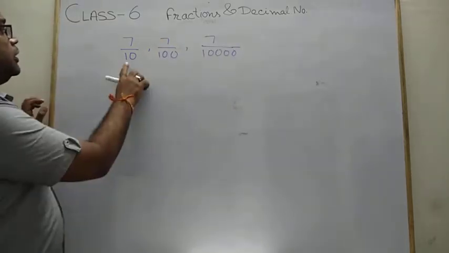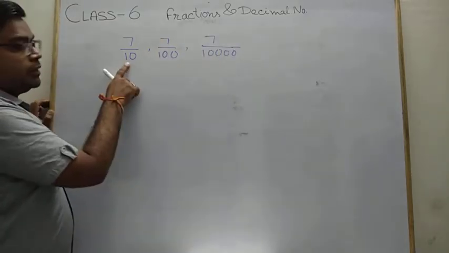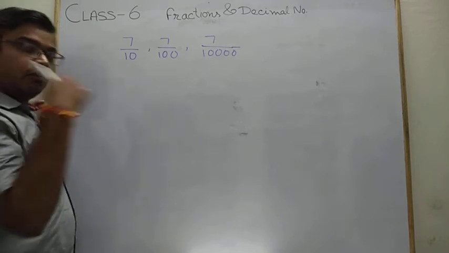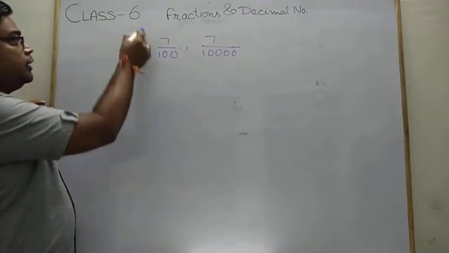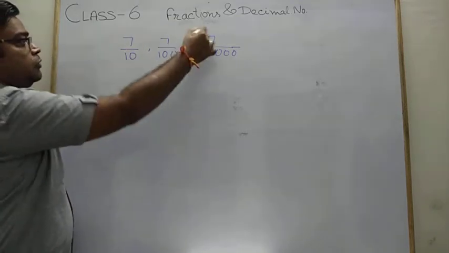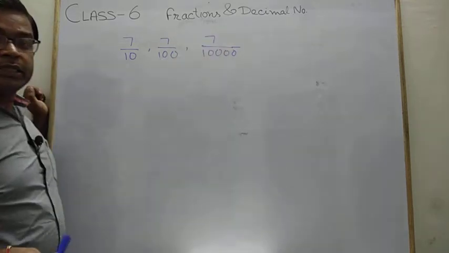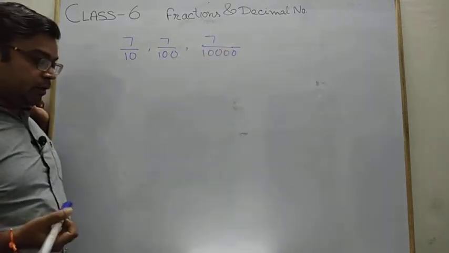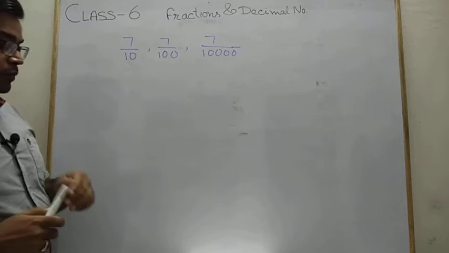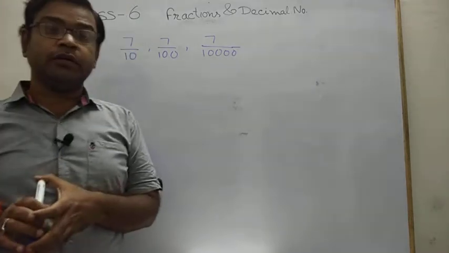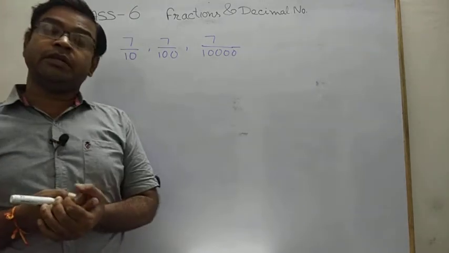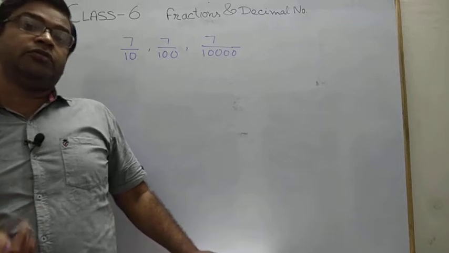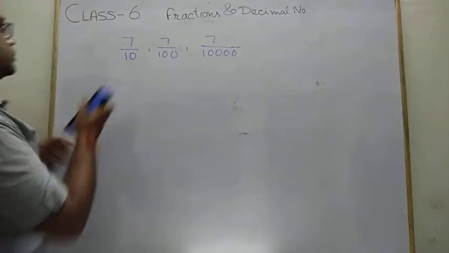So these denominators are 10 or multiples of 10, then the whole fractions are known as decimal fractions. Then one point comes, how do we convert decimal fractions into decimal numbers?